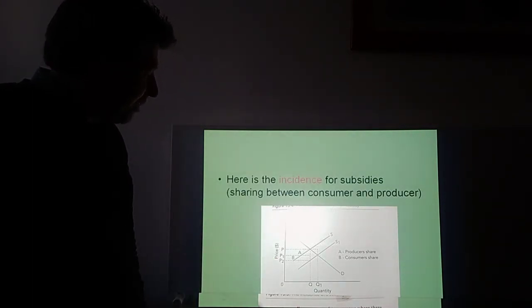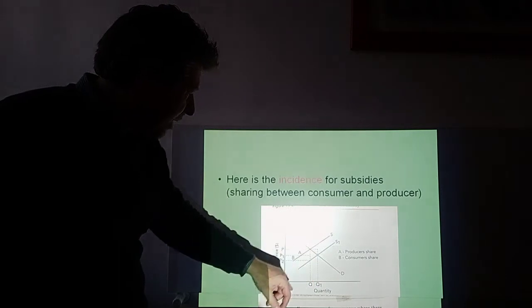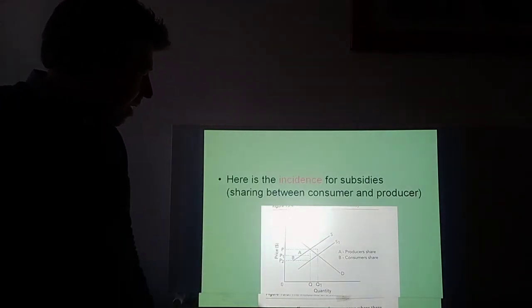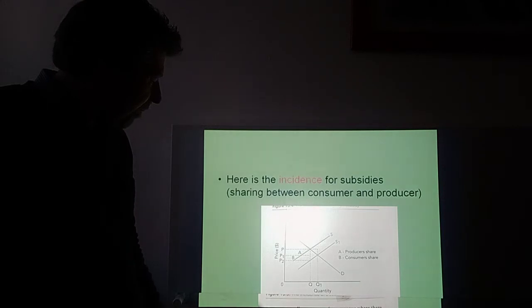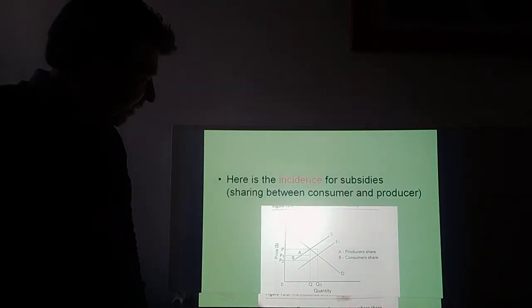The customer will receive some benefit, and the producer will also receive a little bit of benefit too.